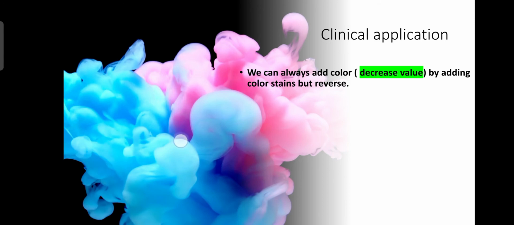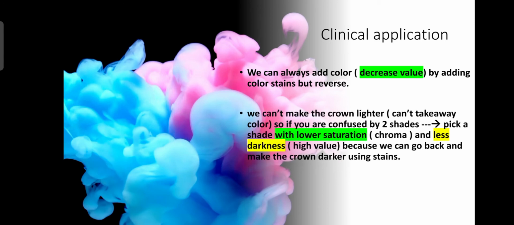So if you are confused between two shades and don't know which shade to pick, you will take the lower chroma, or lower saturation, and higher value, because we can't go back from dark to light. We move from light to dark.